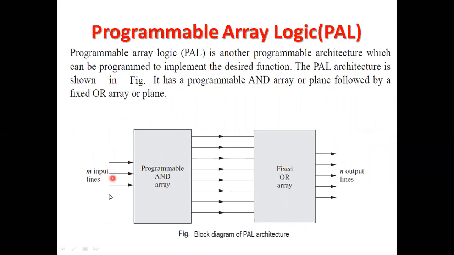So here M input lines are going in, and these outputs go as the inputs to the fixed OR array and we get the N output lines. This is the block diagram of a PAL architecture, that is the AND followed by OR. So it is a programmable AND plane followed by a fixed OR plane. That's why it is known as programmable array logic.